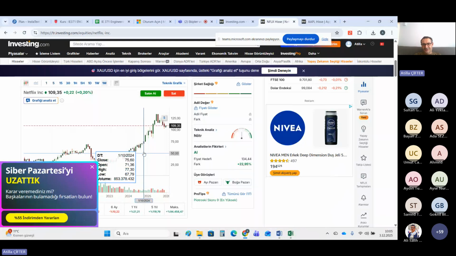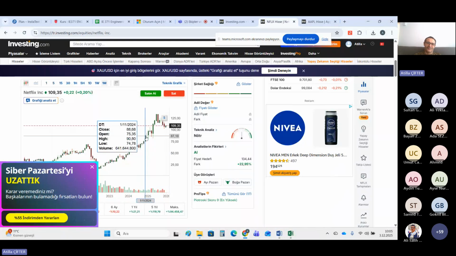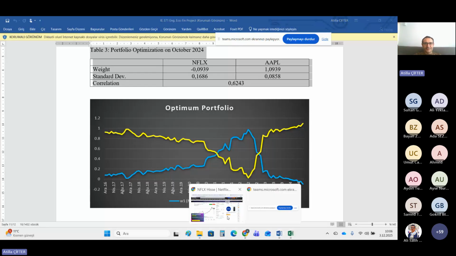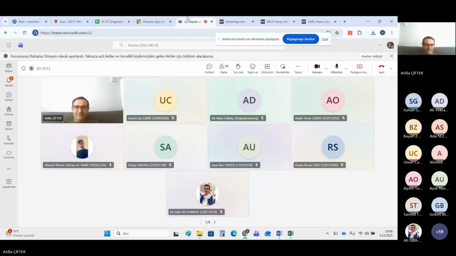It even increased from 87 to 109. So both of them increased. But still, we just said to keep Apple more, especially after the periods. So is it clear, Aydın?